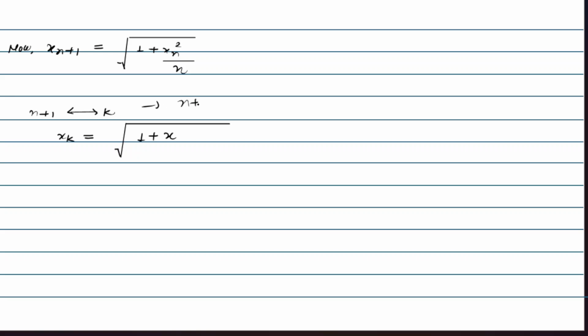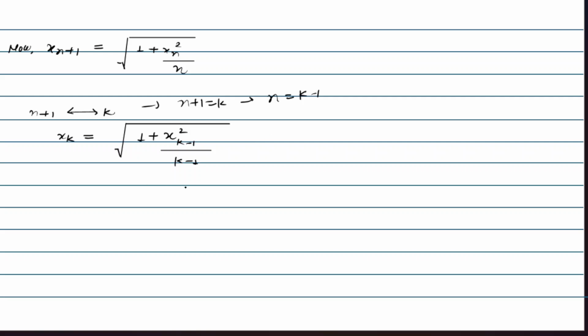From here, n plus 1 is equal to k, which means n is equal to k minus 1. So xk is the square root of 1 plus x(k minus 1) square upon k minus 1.